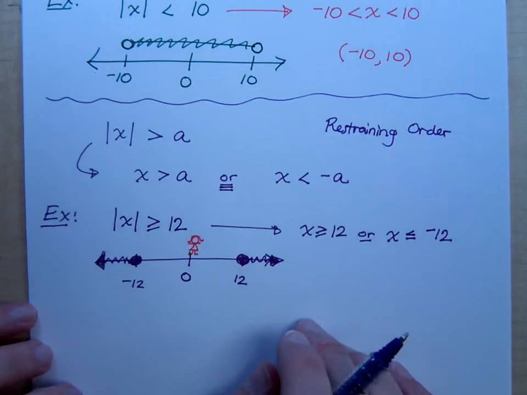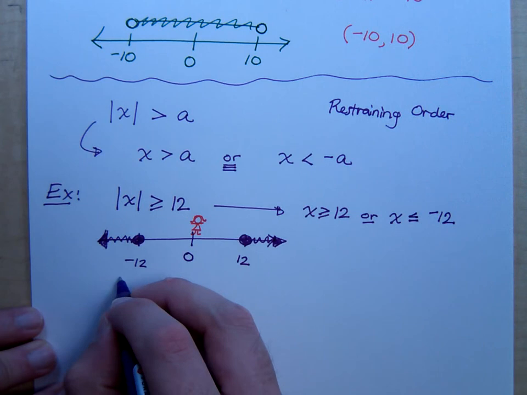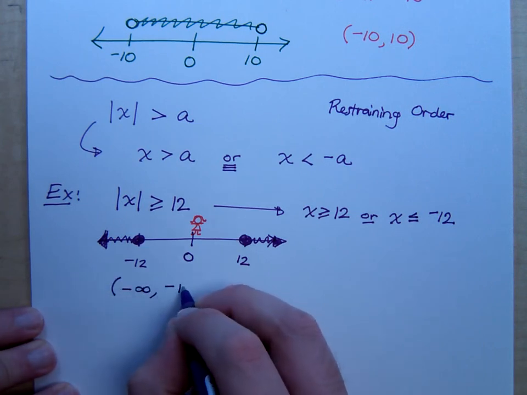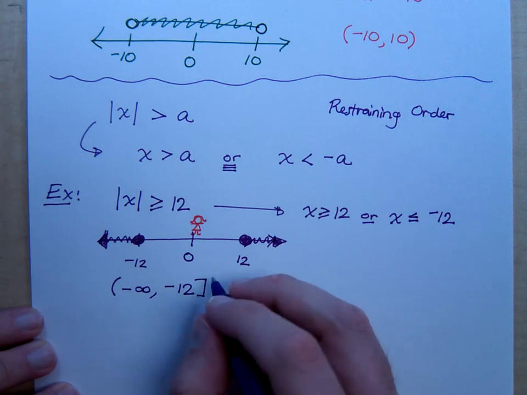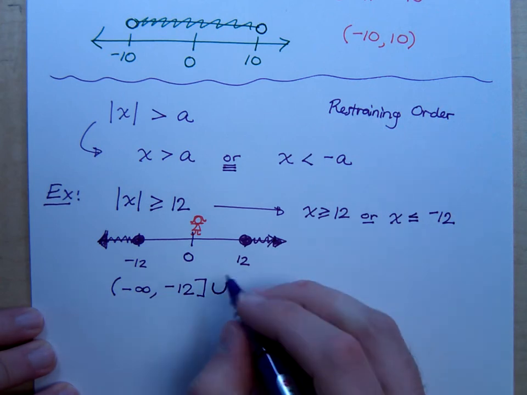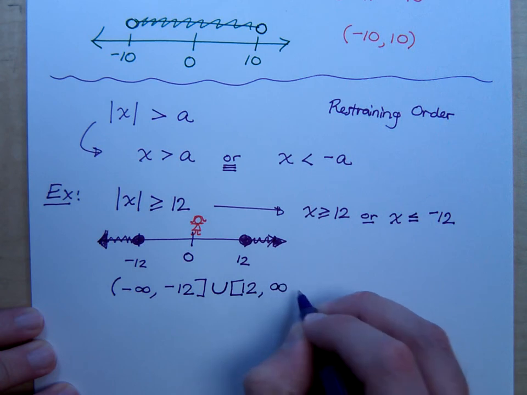You know how to do this. This is not new for you. Interval notation. What is it? Parentheses, negative infinity, bracket, and then what? Union. Use that union symbol. Then what? Bracket 12 to infinity.